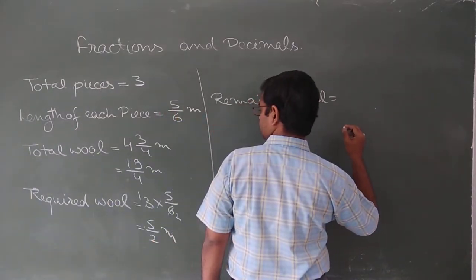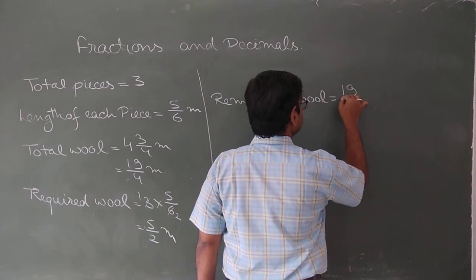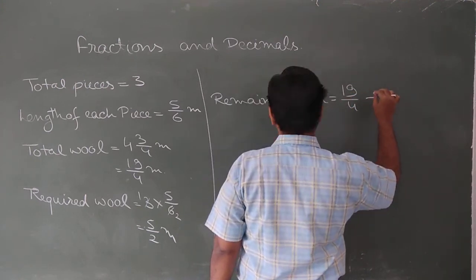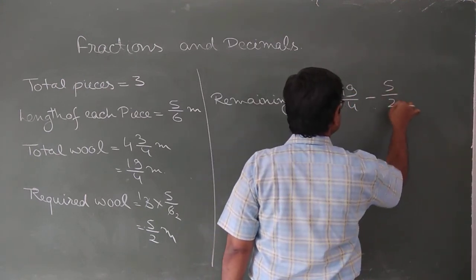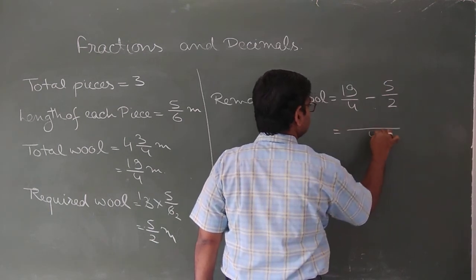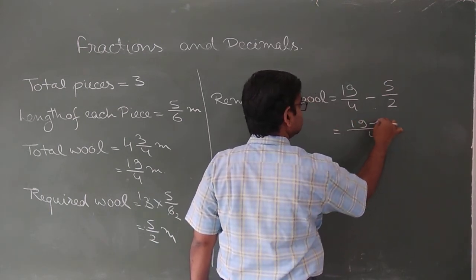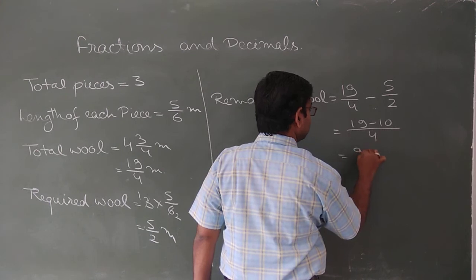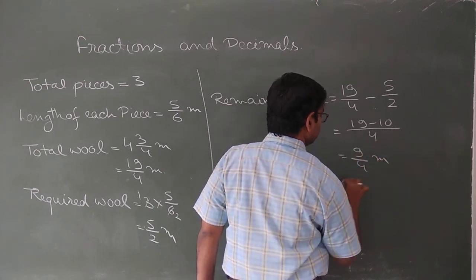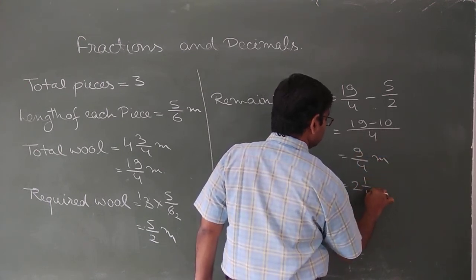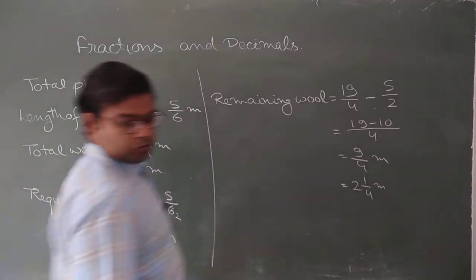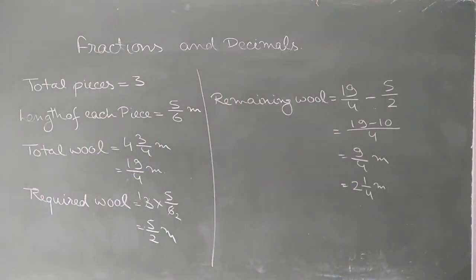It's 19 upon 4 minus 5 upon 2. We take the LCM 4. 19 minus 10, it's 9 upon 4 meter, or we can say 2 whole 1 upon 4 meter. This is your answer to this question.